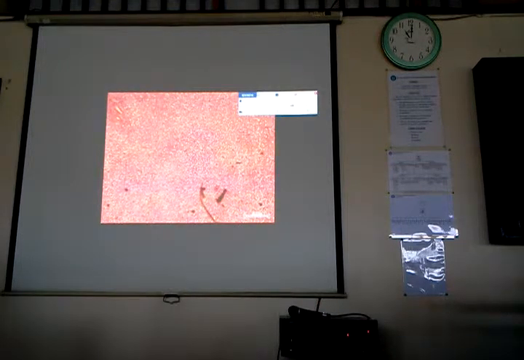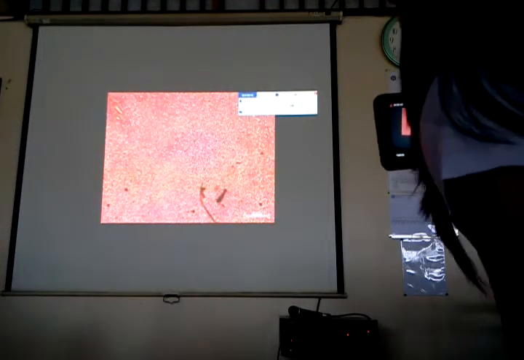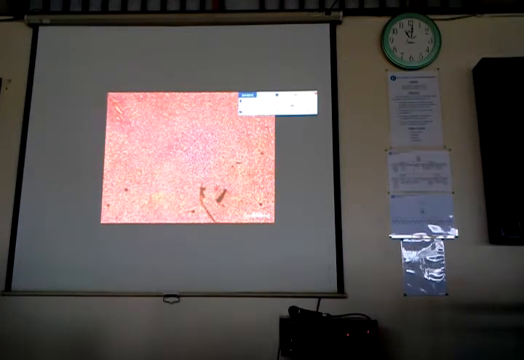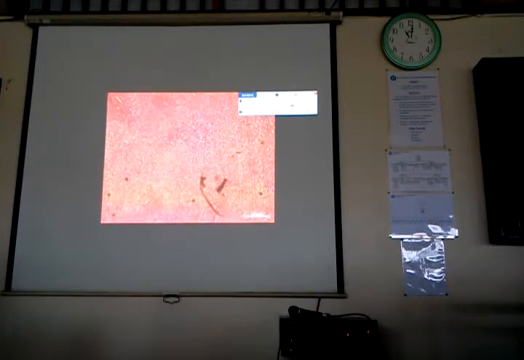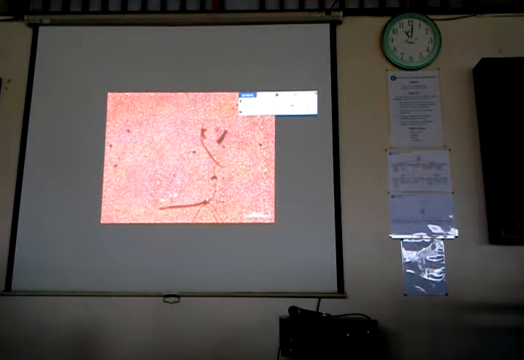Now, if that is a white pulp, now, although it is not actually white, it is darker than the red pulp, it is called white pulp because it is composed of white blood cells. Now, if that is a white pulp, how will you call that blood vessel associated with the white pulp? Again, the central arteriole or the central artery. Okay, that's another white pulp showing us an almost centrally located central arteriole.